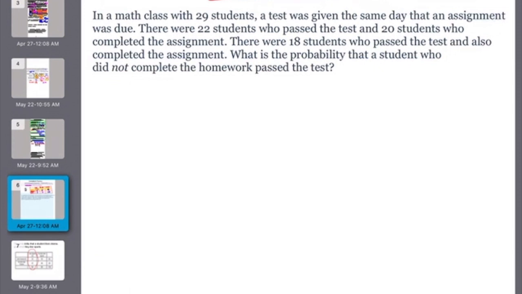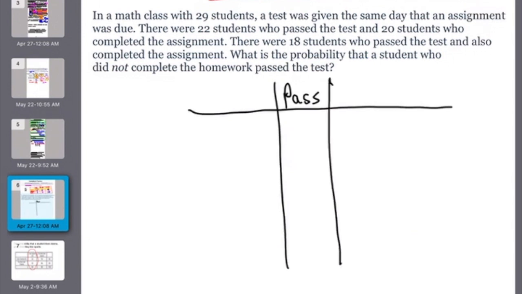In a math class with 29 students, a test was given the same day that an assignment was due. 22 students passed the test and 20 students completed the assignment. So we know that we've got passing a test. And if they don't pass, then what did they do? They failed. So you can either write don't pass or you can write fail.